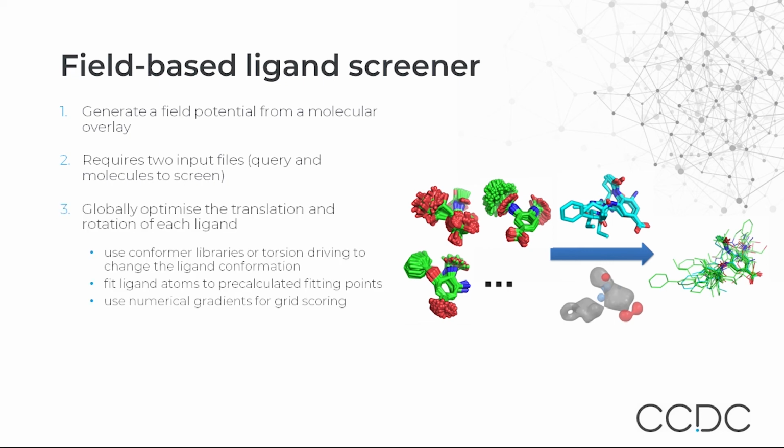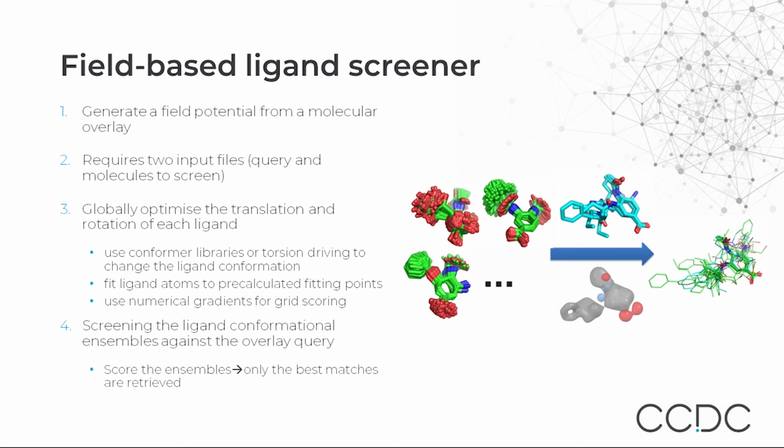Then it globally optimizes the translation and rotation of each ligand by generating conformer libraries and then fitting the ligand atoms into the pre-calculated fitting points. And then it screens the ligand conformational ensembles against the overlay query and finally ranks the screened ligands.